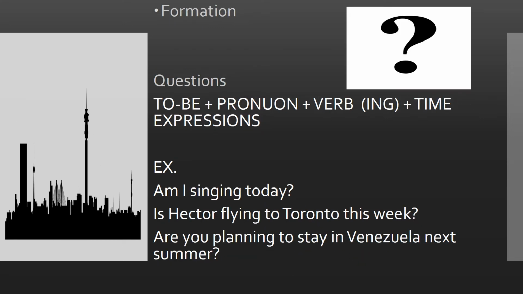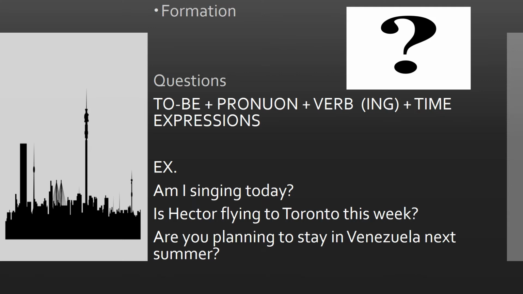We have the last structure, which is the question. We start in this occasion with the to be verb, after the verb, the pronoun. And to finish the question, we need to add a time expression. Example, am I singing today? Is Hector flying to Toronto this week? Are you planning to stay in Venezuela next summer? In all these examples, we have the first word, which is the to be.